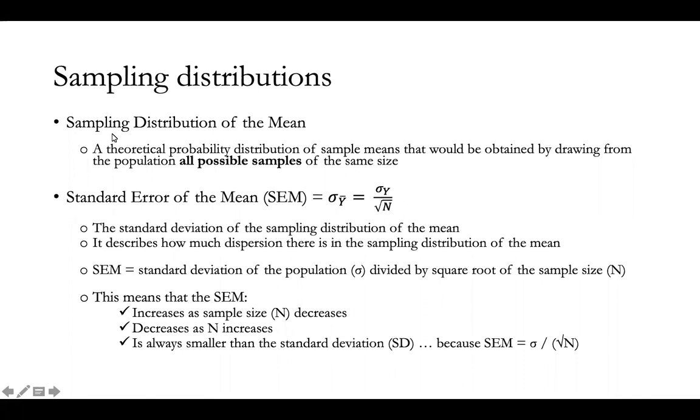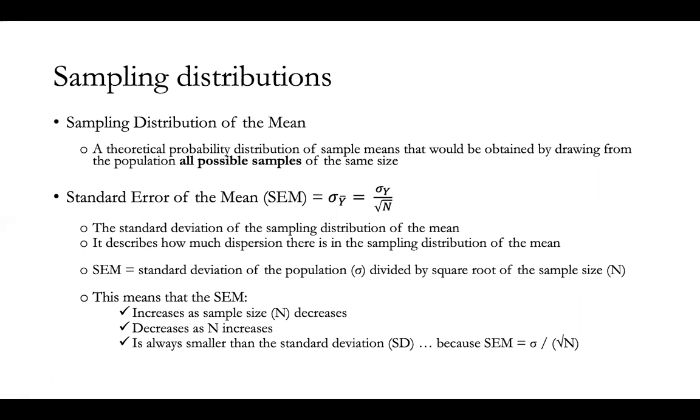A little more here on sampling distributions of the mean. Now, if we think about a theoretical probability distribution of sample means, for example, we can think of that distribution of sample means, so the central tendency measure across a bunch of samples. That distribution would be obtained by drawing from the population all possible samples of the same size.